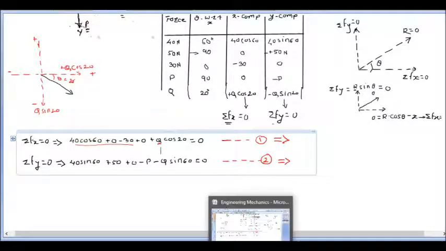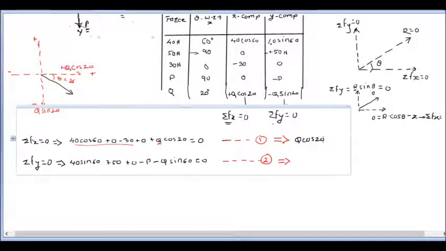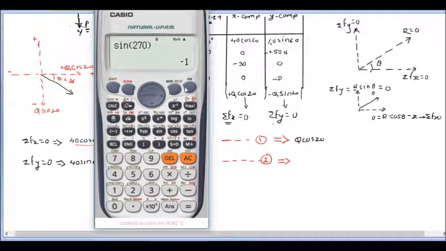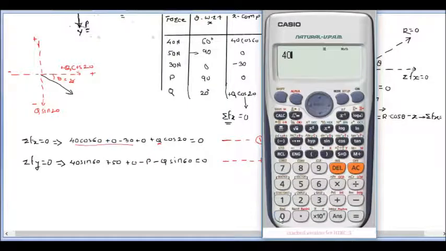So what I can write down is q cos of 20, this term I will write down here, q cos of 20, and addition of all these terms. Once again be careful while entering these values in your calculator, that is 40 cos of 60 plus 0 minus 30, plus 0.